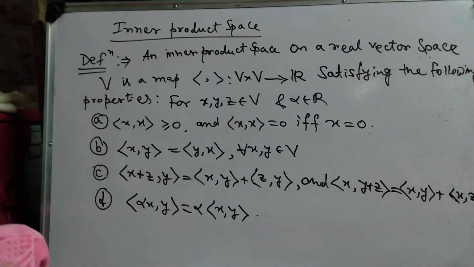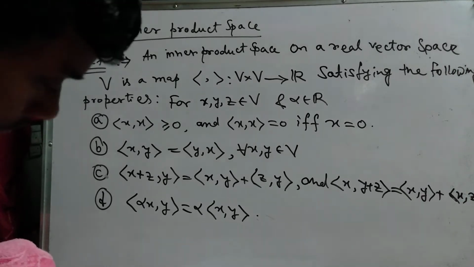If a real vector space satisfies these four properties, then we call it an inner product space.